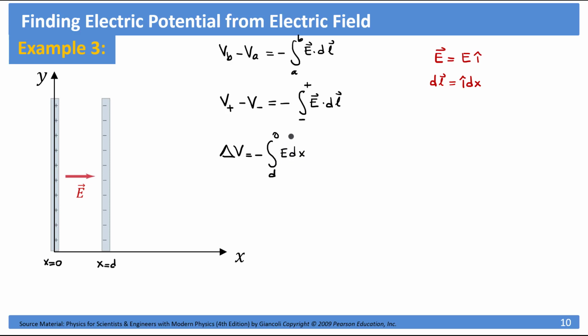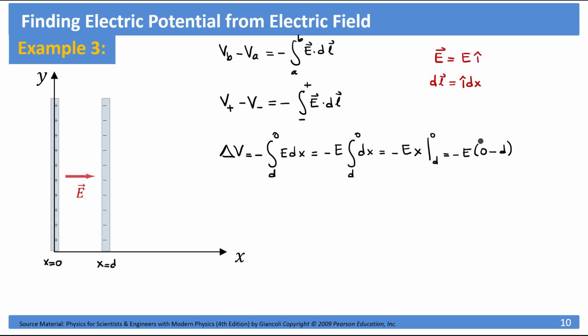Now remember, E is constant, so I can take it out, and all I have left inside is dx from d to 0, and the integral of dx is nothing but x, so negative E times x from d to 0. When you plug in 0 here, you're going to get 0, and you're going to subtract from that d, so it is going to be equal to minus E times 0 minus d.